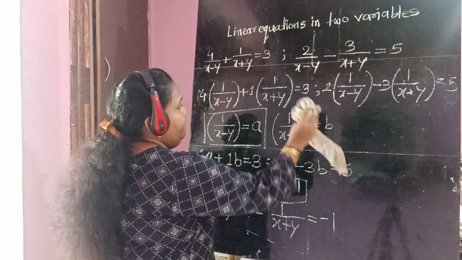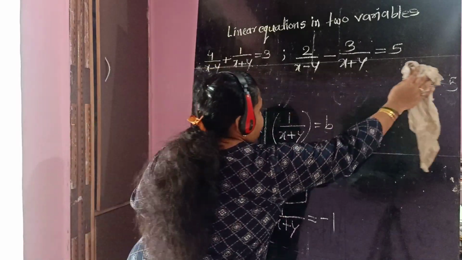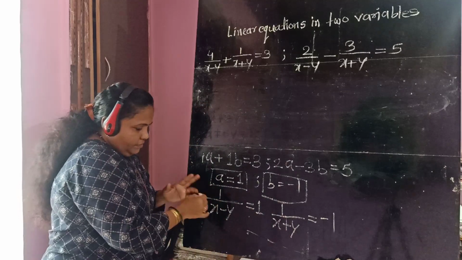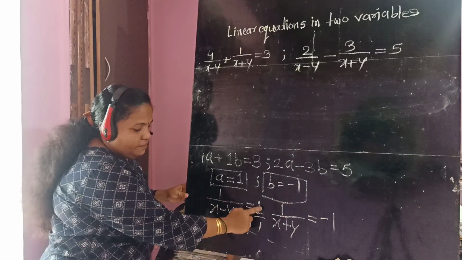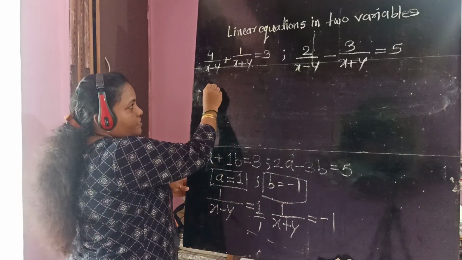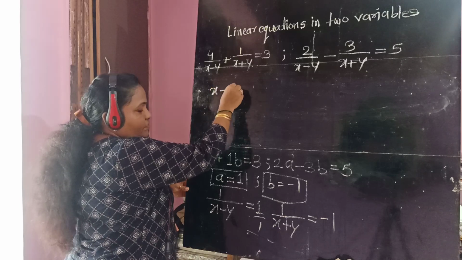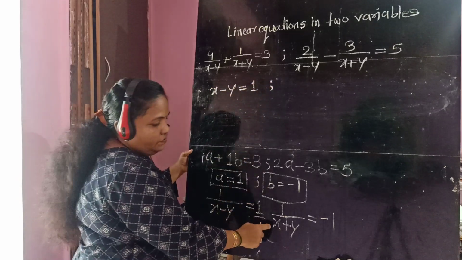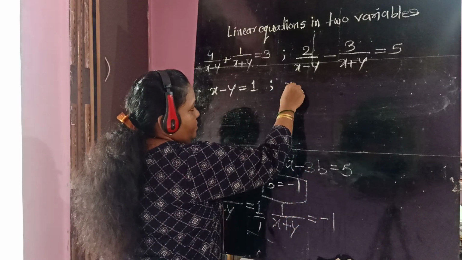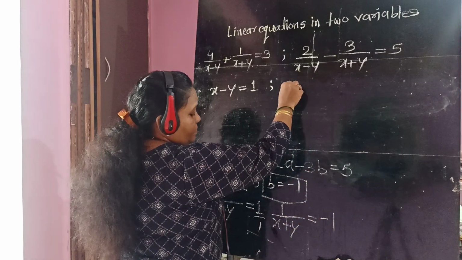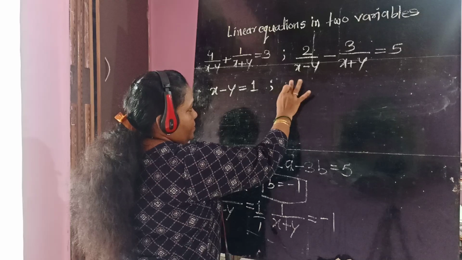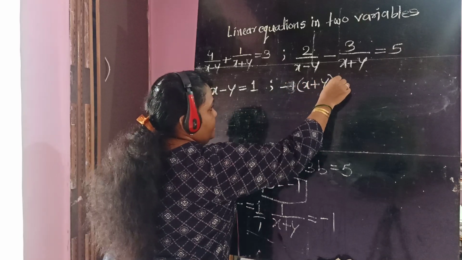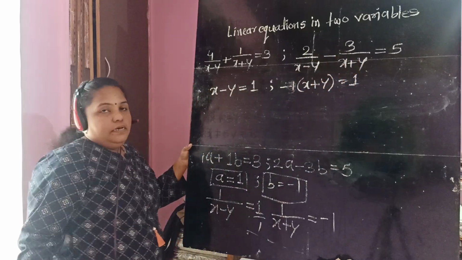For that, we just have to do the cross multiplication, and then you get the new equation x minus y is equal to 1, and the next equation will be minus 1 into the bracket x plus y is equal to 1.